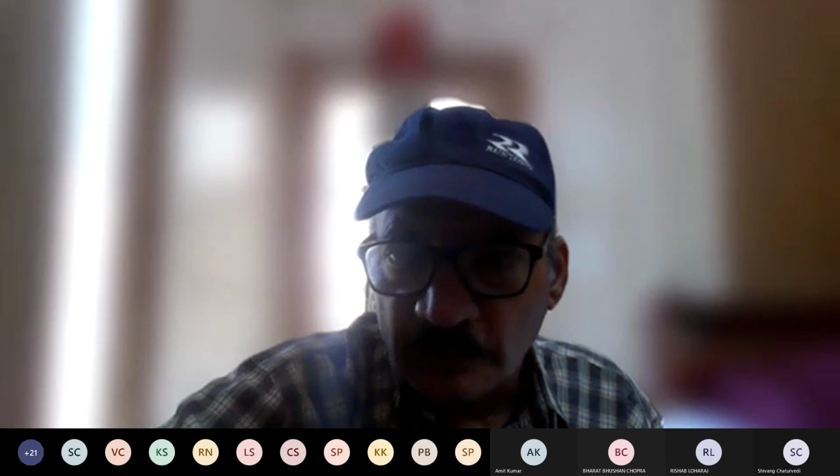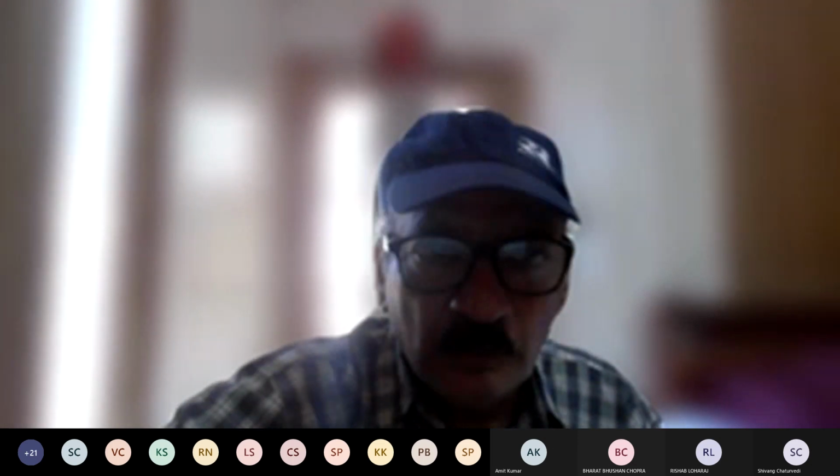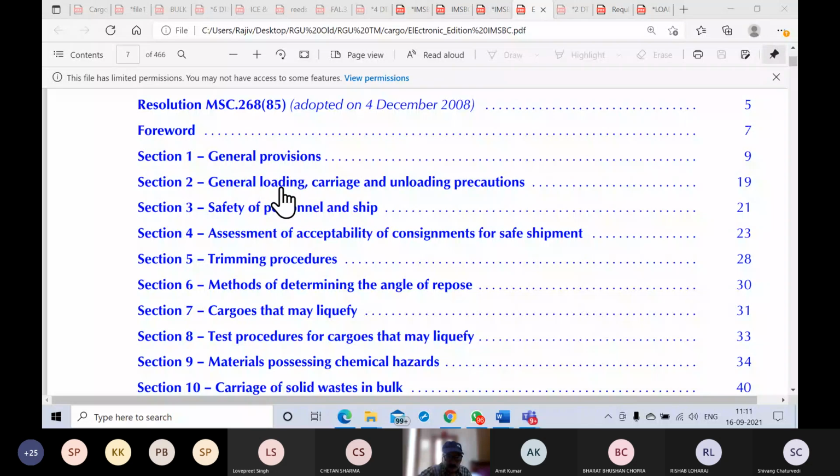So to continue inside the code, general provisions we saw, general loading and carriage, unloading precautions. In general, the loading, carriage and unloading precautions is section 2.